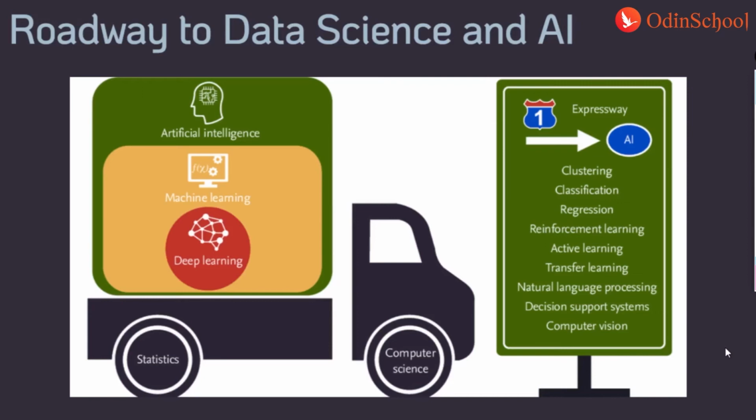So there are different types of solutions which are available, like regression, reinforcement learning, active learning, transfer learning, natural language processing, computer vision. This is again your truck, which is supported by statistics and computer science, and the truckload done by AI is responsible for achieving all these things.